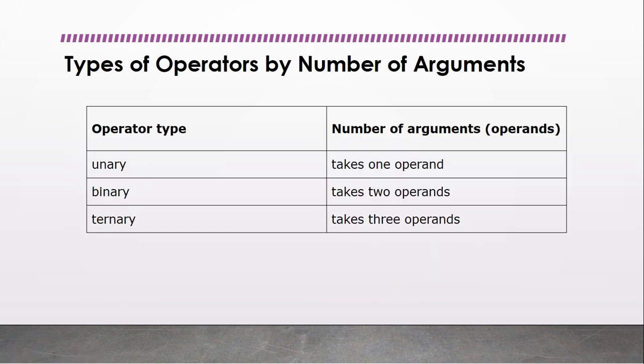We can categorize operators in C# by number of arguments as unary, binary, and ternary. A unary operator takes only one operand, binary takes 2, and ternary takes 3 operands.